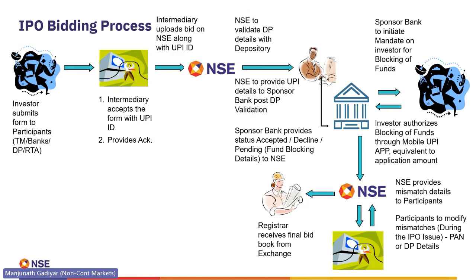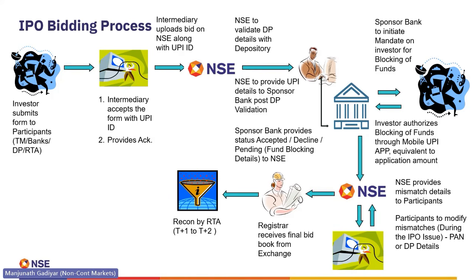The registrar does the bucketing of the bids and the basis of allotment depending on the details provided by the banks. Once this is done, the RTA goes ahead with the basis of allotment with the designated stock exchange, and the designated stock exchange then draws lots.